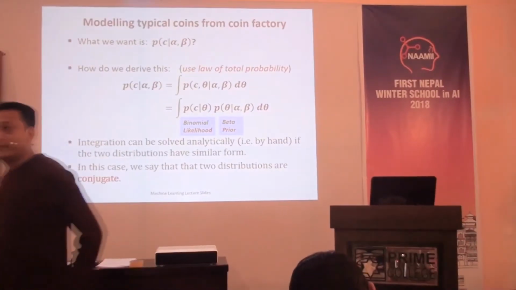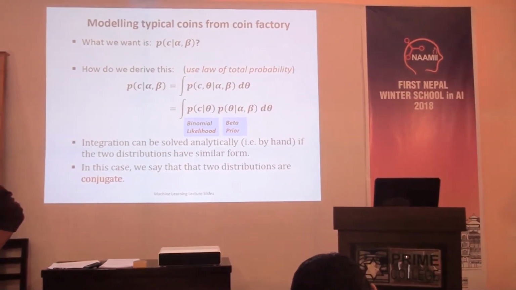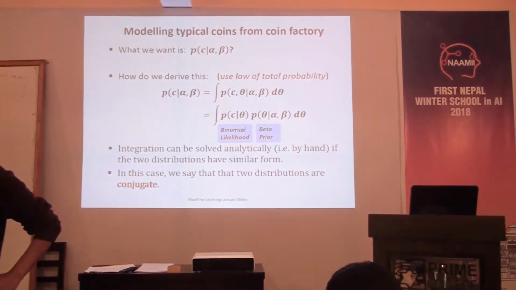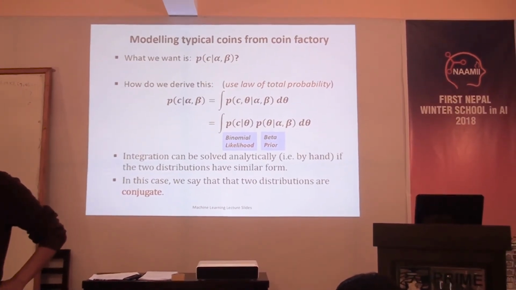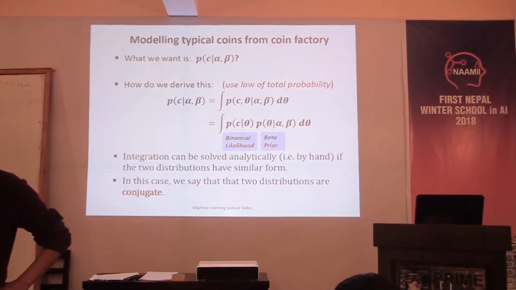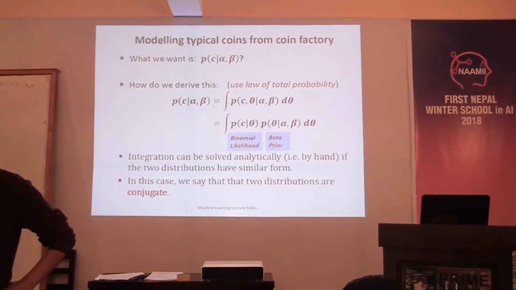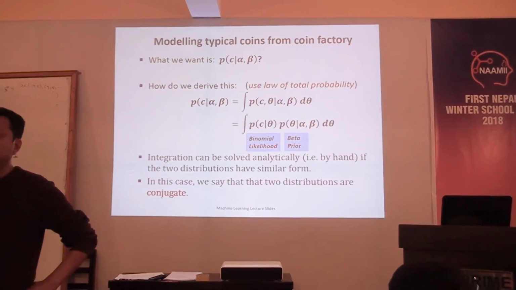I want to go back to the thought process I mentioned earlier, so let's refresh our memory. I'm the factory inspector. Each one of you has a coin. All of you have been sampled from the same factory, and I know the parameters of this factory, the alpha and beta values. For each coin, I know the bias, the theta value.